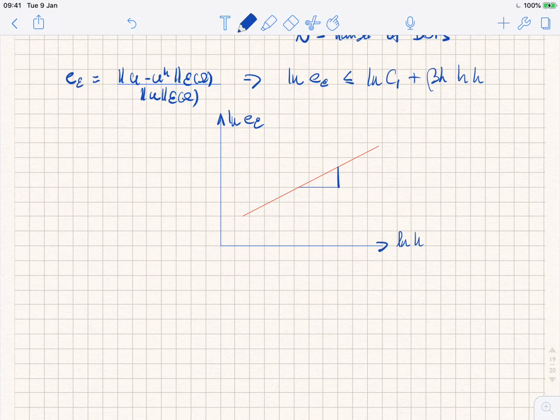And now I want to draw. So this is the type of plot that you should be getting when you are plotting your log-log error in the project. Who has done this already? Only 2, 3, 4? How many more?